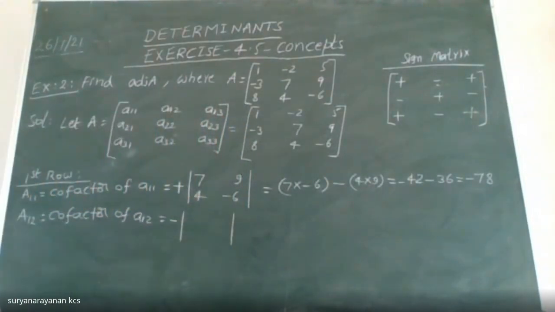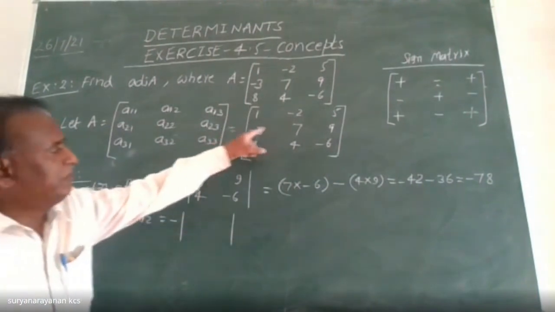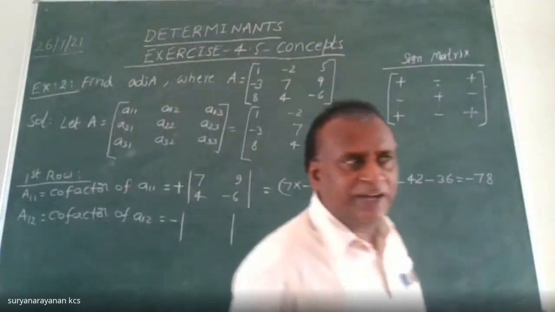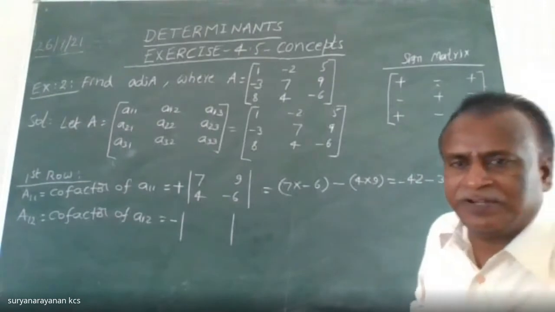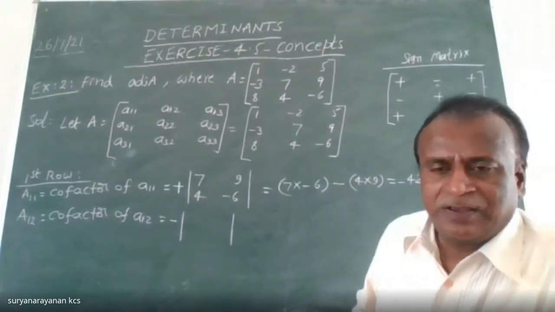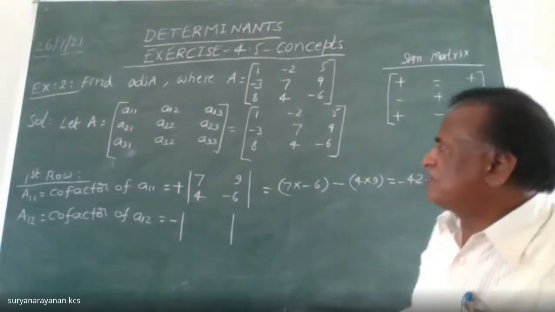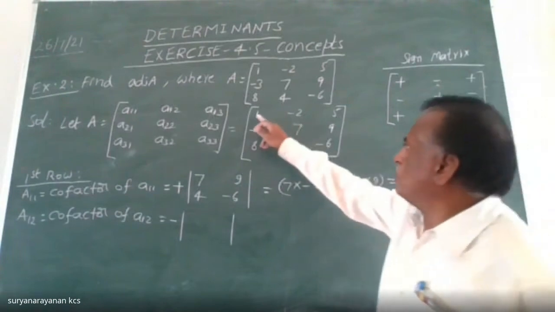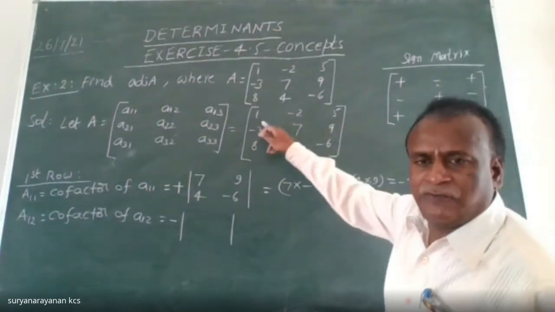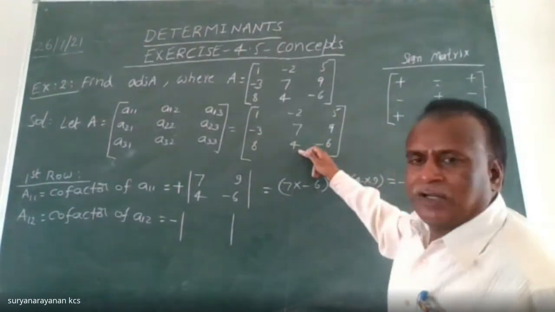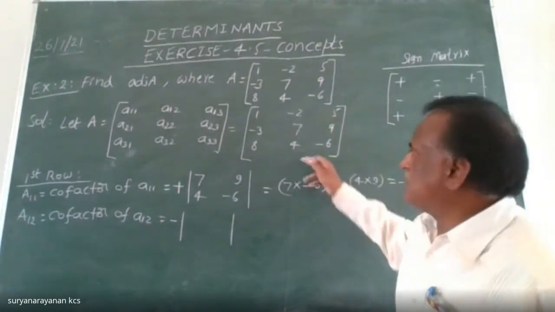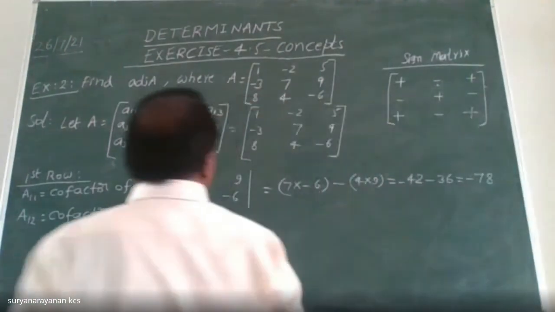We are going to write here the minor of this element, the submatrix, by closing the first row and the second column. What are the 4 elements left here?